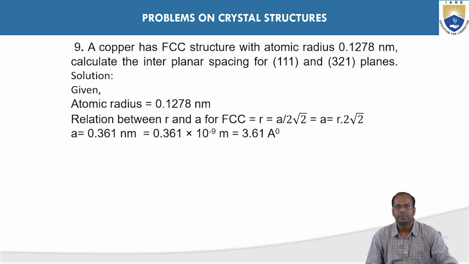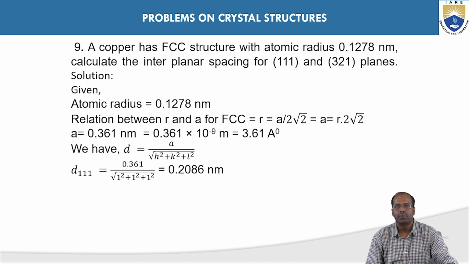For the lattice constant, what are the planes they are asking to find out? For 111 plane, D is equal to A by square root of H square plus K square plus L square. Substituting A, which we already got as 3.61 angstrom, divided by square root of 1 square plus 1 square plus 1 square, we get for 111 plane 0.2086 nanometers.